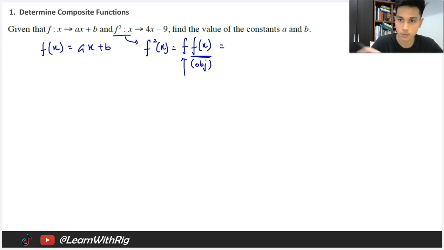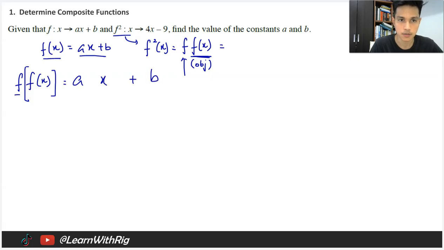To let you all see what is actually happening, you know that fx is ax plus b, correct? You're going to substitute the fx into another fx. So fx is ax plus b. Now you're going to substitute this as the object of fx. So you're going to change the x, you're going to make it another ax plus b.